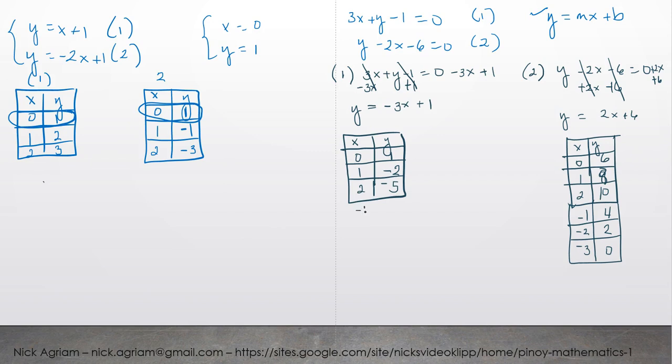So if I have x is negative 1, negative 3 times negative 1 is positive 3 plus 1. That's 4. So our solution is x is equal to negative 1 and y is equal to 4.